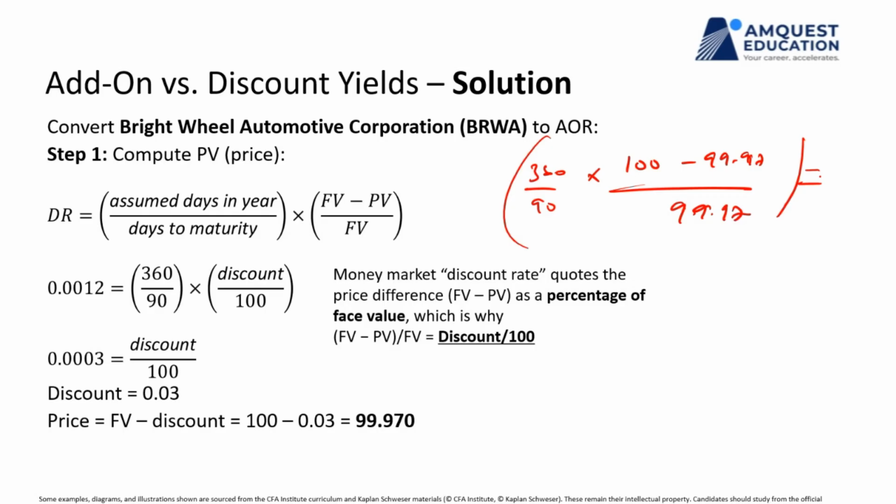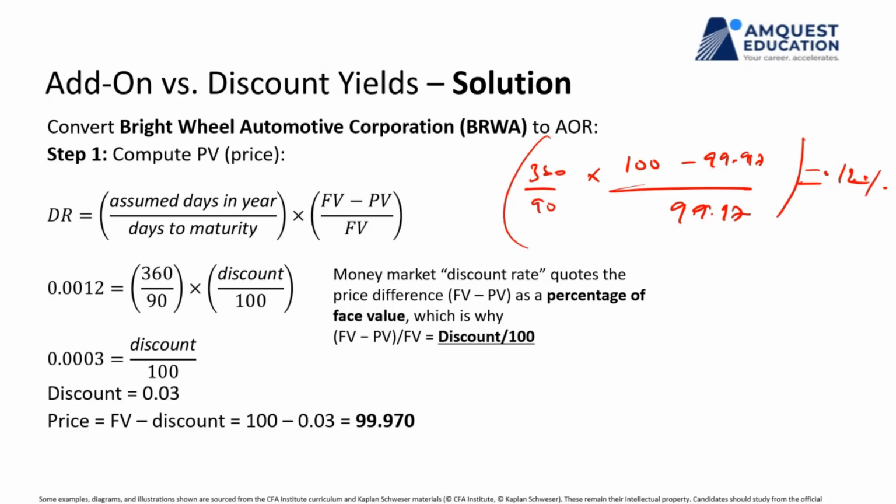And what number does this come up to? 0.03 divided by 99.97 into 360 divided by 90 into 100. 0.12%, right? This turns out to be, again, add-on yield turns out to be 0.12%.